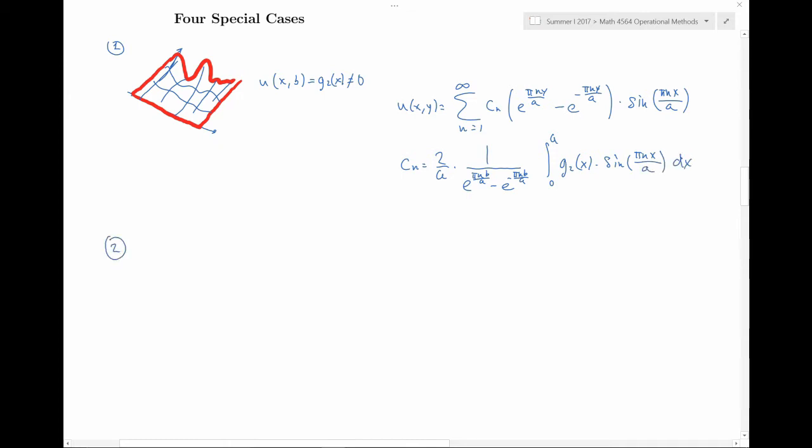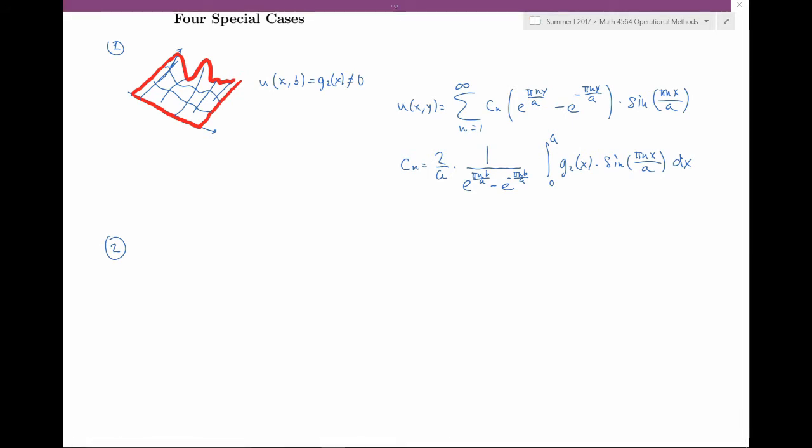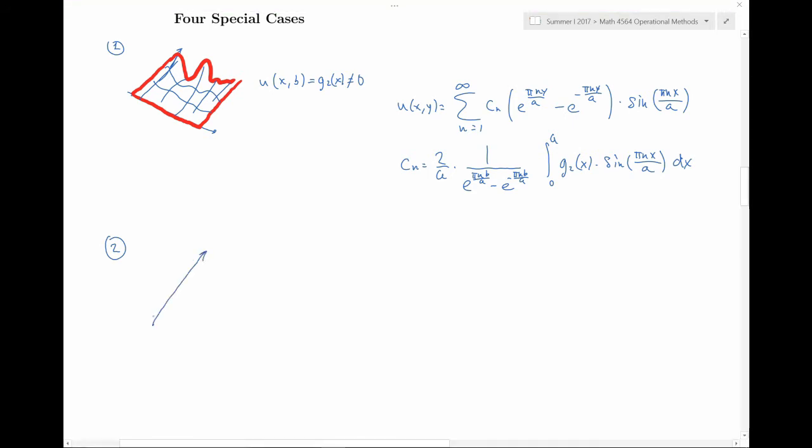Case 2, the one that we discussed just now, is when the boundary at y equals 0 is non-zero. So in this case, u of x 0 is equal to g1 of x, and that's not 0. The rest of the boundaries are 0.